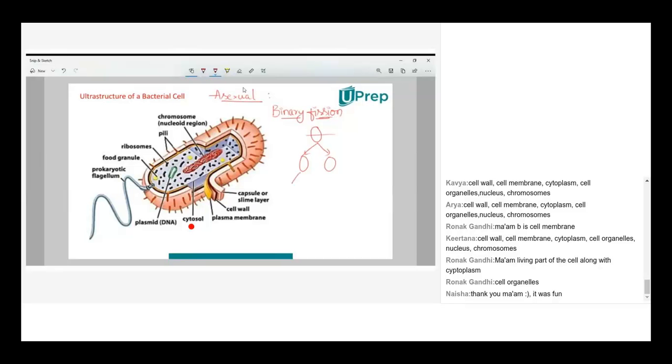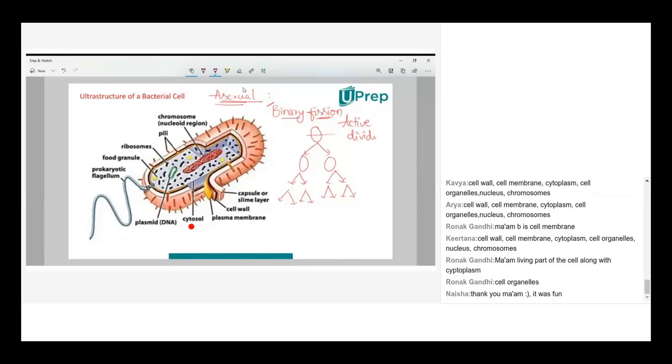Again from each individual offspring you will get a few more. Like this, the division goes on. So there is no sexual interaction. This asexual mode of reproduction, which is called binary fission, happens in bacteria. Binary fission is the most actively dividing stage of bacteria.